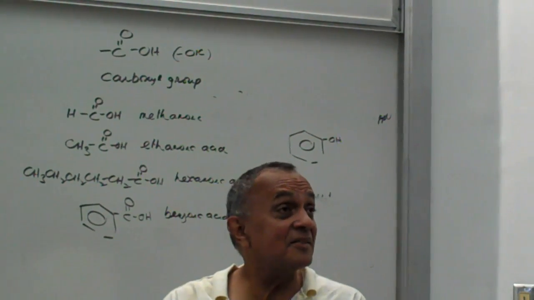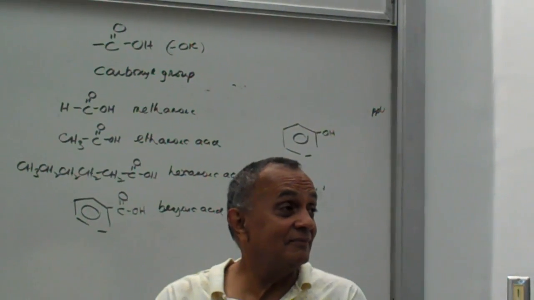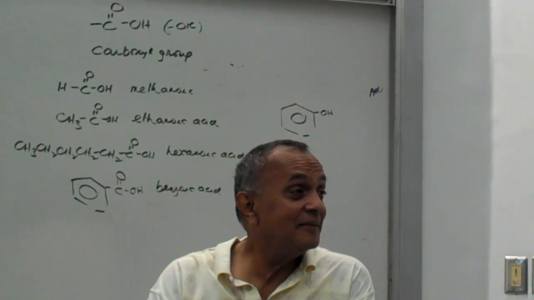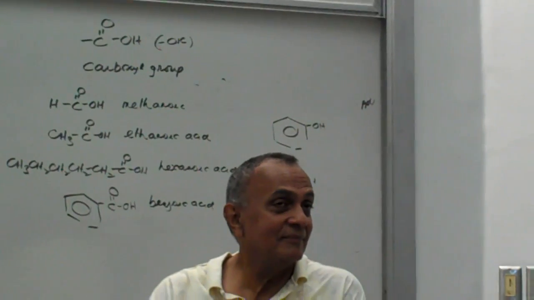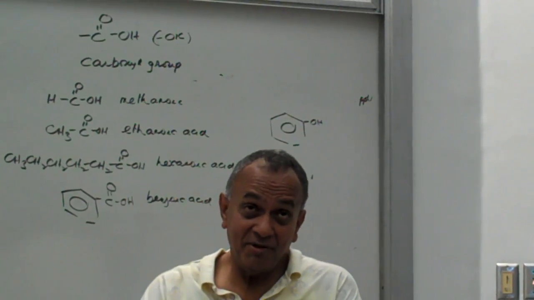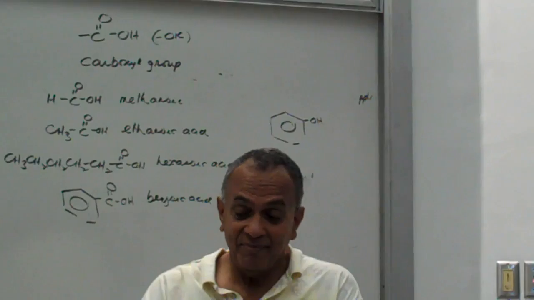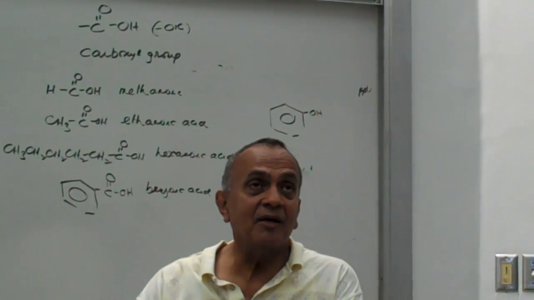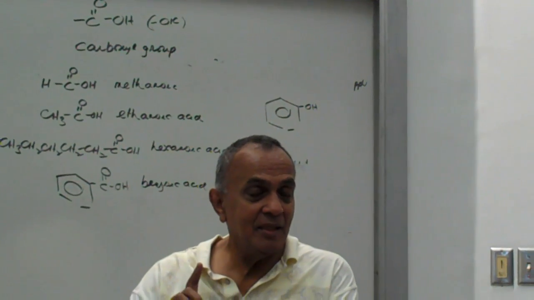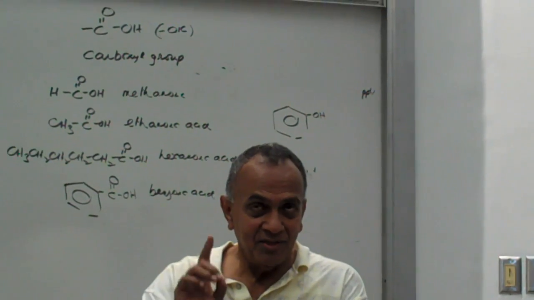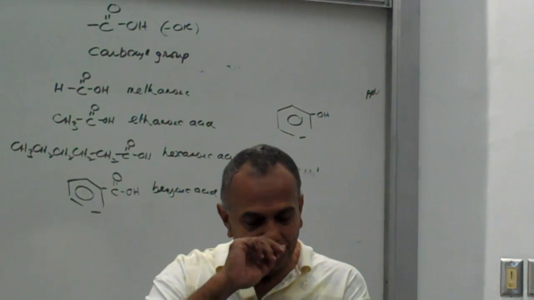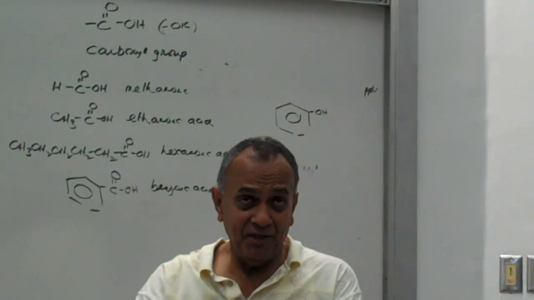A phenol, yes. We've done that today already. A phenol. And phenols are totally different from alcohols. I should have mentioned that earlier on. So just bear that in mind. An OH group attached to a benzene ring is not called an alcohol. It's called a phenol.